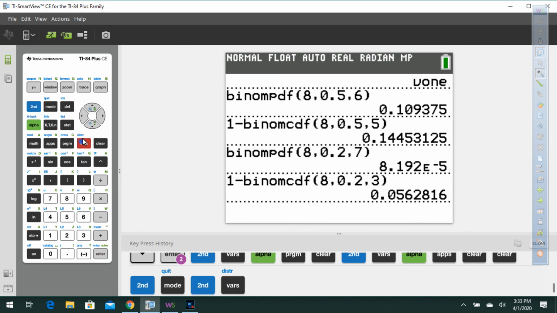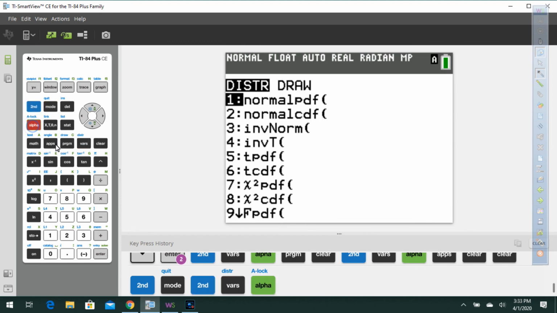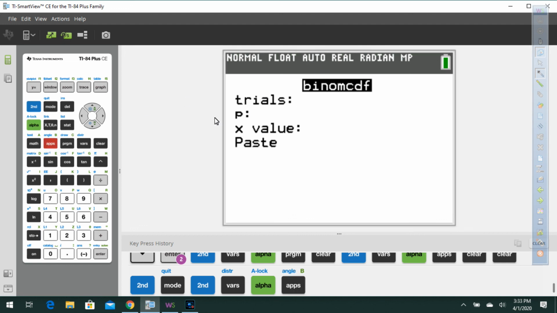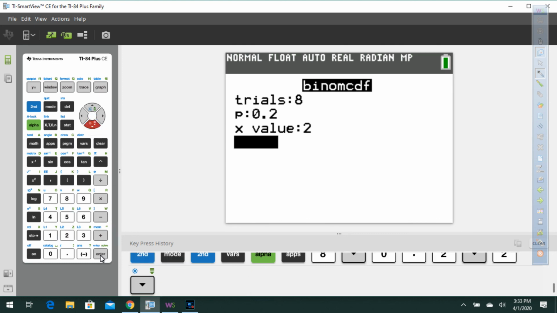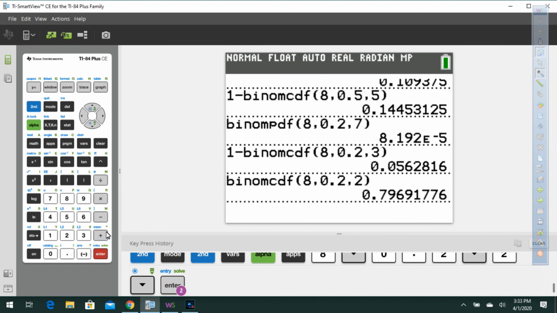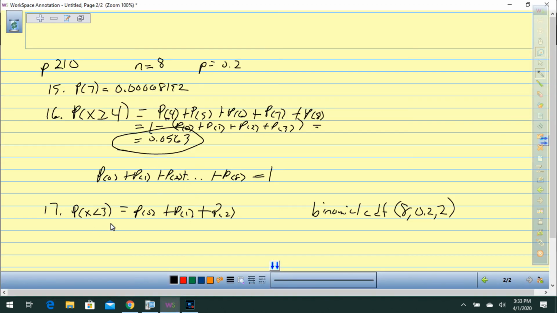All right, second distribution, alpha. There we go. Binomial CDF, trials is 8, 0.2. And this time we've got 2. Paste. And 0.7969. So we'll just do 3 places, 0.797.